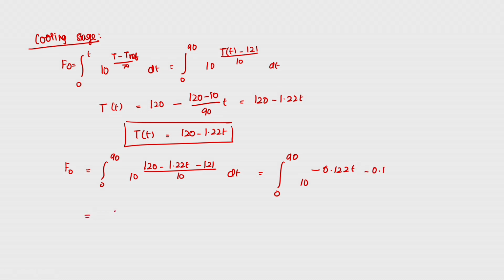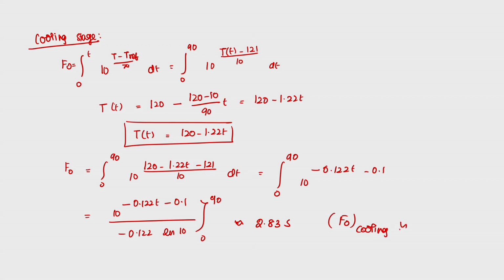So, which becomes 10 to the power of minus 0.122 t minus 0.1 divided by minus 0.122 into ln 10, 0 to 90. So, if you calculate this integral, then you will get around 2.83 seconds, right.